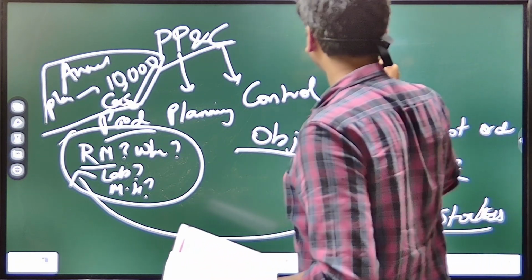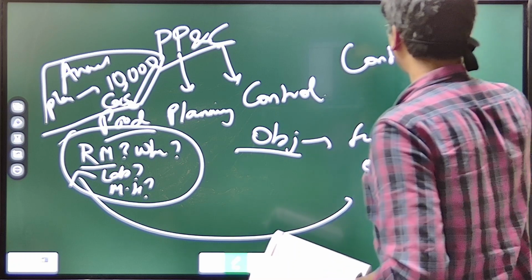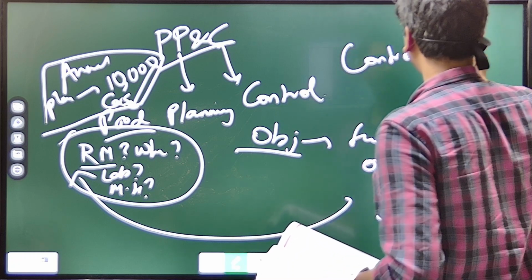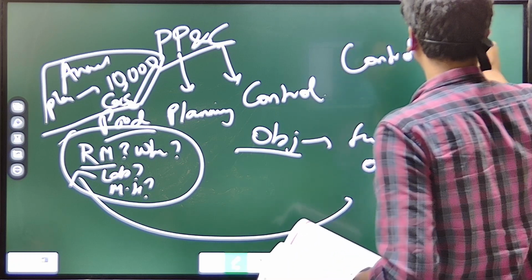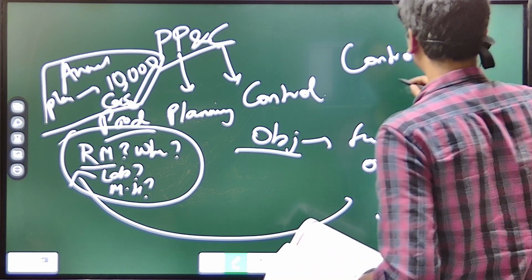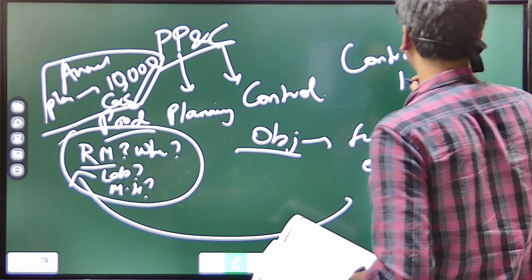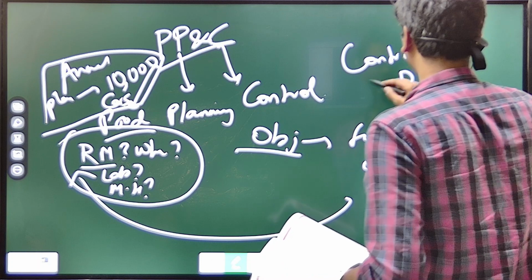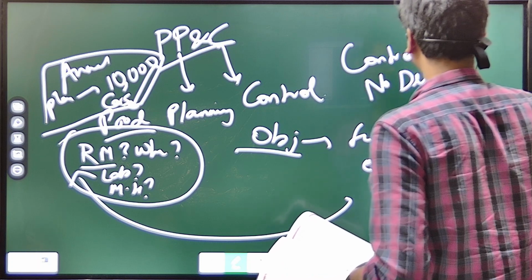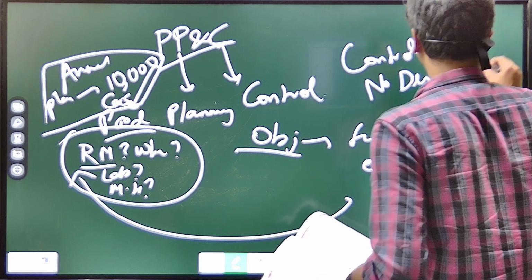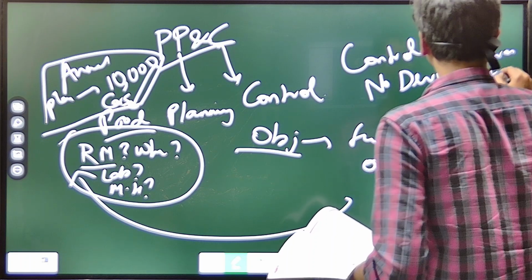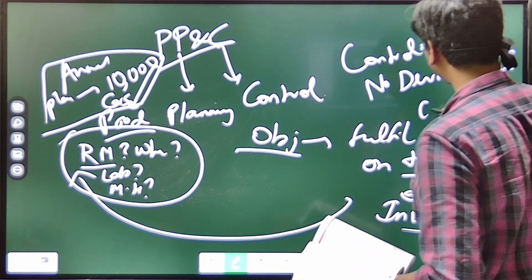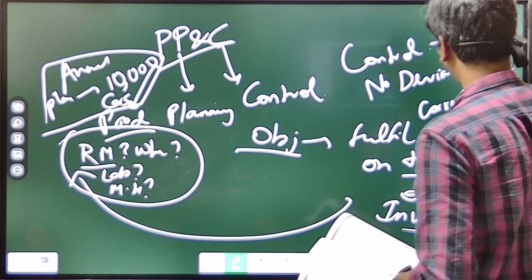But control is, you have to see that you are not deviating from your plan. Control is nothing but you have to see that there is no deviation from plan. If you have any deviation, then what is the corrective action that is required?